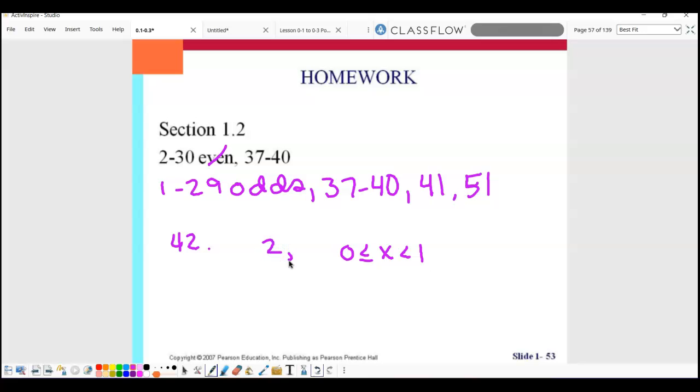If it's a line, which is what I gave you in 41, then you would apply the slope of the line and the y-intercept. So your 41 will have 2 parts, where 42 has 4 parts.